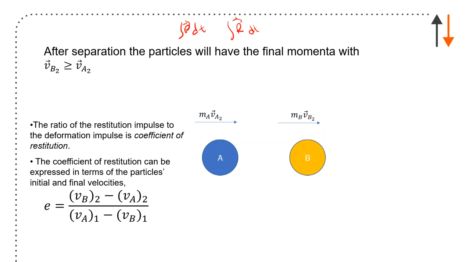However, often it's more simple for someone to say, well, look, I just need to know the difference in velocities of particle B and particle A after impact and before impact. You'll also note that we kind of flip the direction of the terms. So VB2 minus VA2 over VA1 minus VB1.